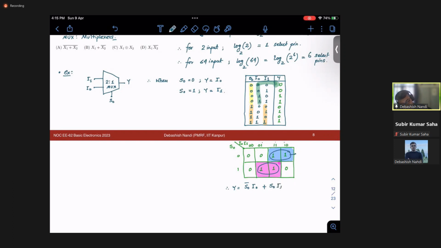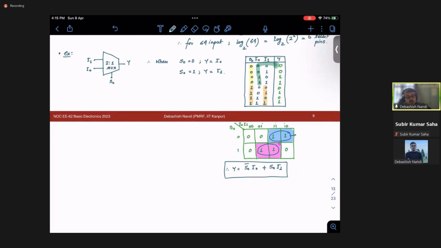Okay, so this is what the output of your 2:1 multiplexer will look like. The output will be y equals S naught bar I naught plus S naught I1.